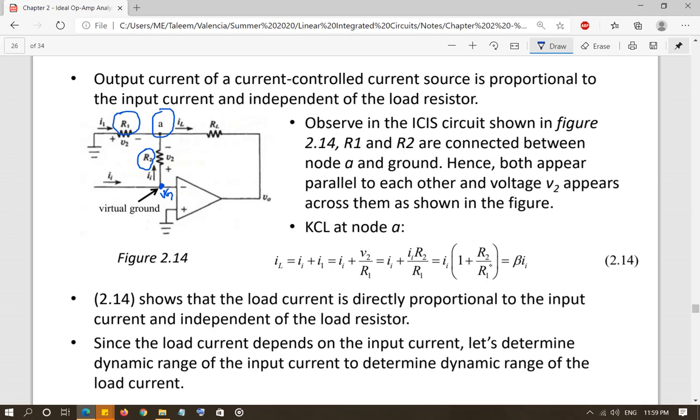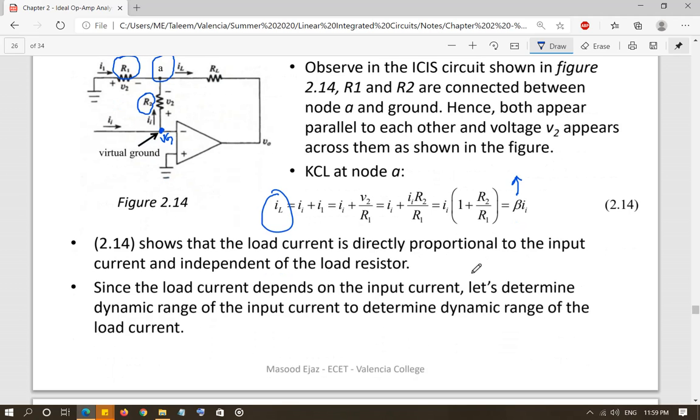And we call 1 plus R2 over R1 the current amplification factor beta. Like you remember in BJT, the collector current depends on the base current. So that's the amplification factor beta. So the load current depends upon the input current multiplied by the current amplification factor beta. So that's your current controlled current source.